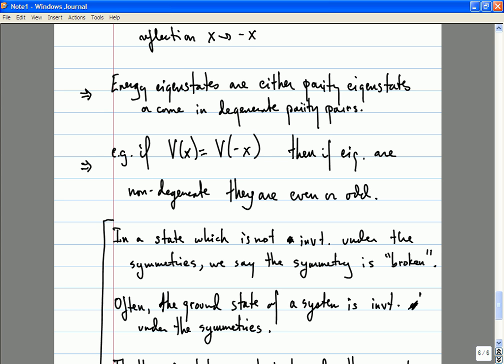So if V of x is equal to V of minus x, then H commutes with pi. But if V of x is not equal to V of minus x, then H doesn't commute with pi. Sorry, was that the question? Okay, good. Sorry, maybe I should have said that a little more straightforwardly. Good. Are there other questions?